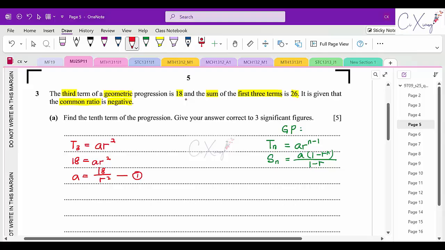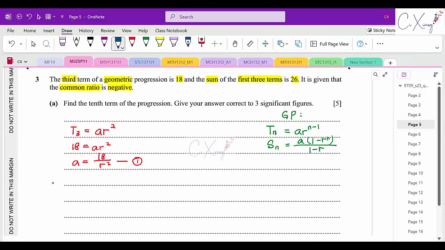I need a second equation to get the values of A and R. The second equation is given in the question, where they said the sum of the first three terms is 26. When I want to write the sum of the first three terms, since there are only three terms, it is not hard to use the basic equation Tn to get the answer. The sum of the first three terms is the first term A, the second term AR to the power 1, and the third term AR to the power 2.